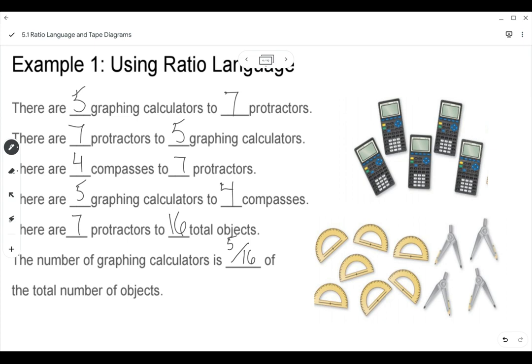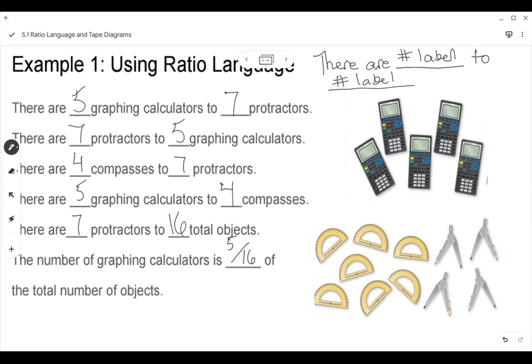So our sentence stems, things that we saw, are: there are some number of a label, and then the word "to," and then another number and label.